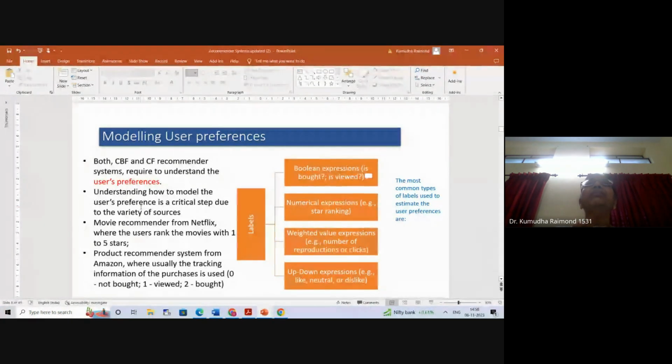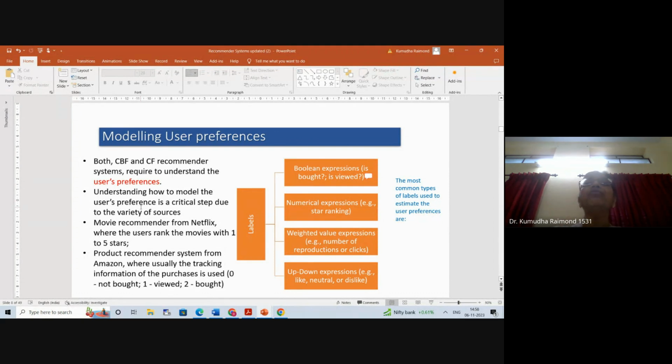For example, what do you mean by a user preference? In the case of the movie recommender from Netflix, which we already saw in the morning, the user preference is nothing but the rating provided by the users, from 1 to 5 stars, etc. And in the case of Amazon or Flipkart, the product recommendation system, the user preferences may be of different kinds: not bought, viewed, just bought.